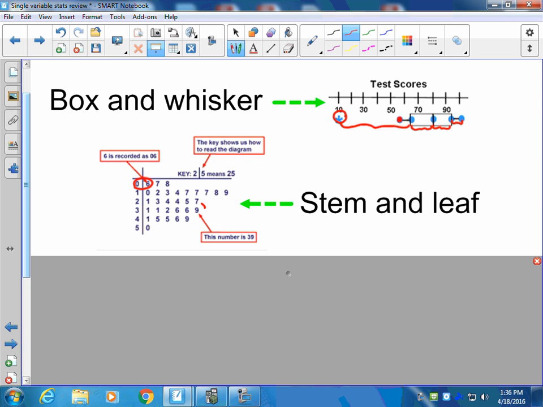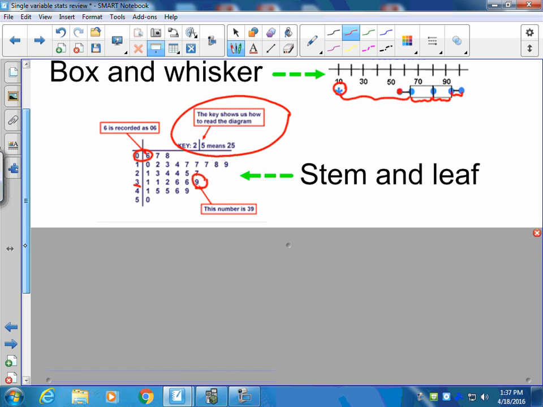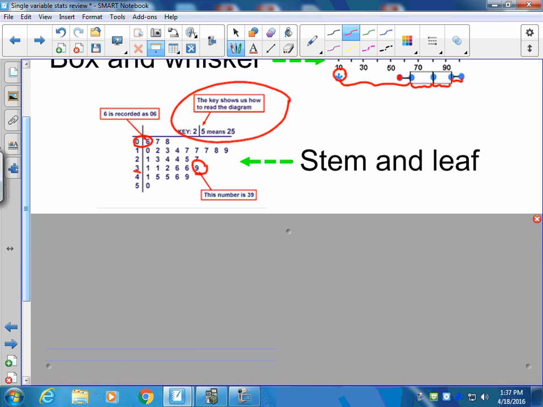Like we said out here, this value is 39. The stem value of your tens digit is a 3, and your ones digit is a 9. Make sure that you include a key with units as a part of that stem and leaf plot.